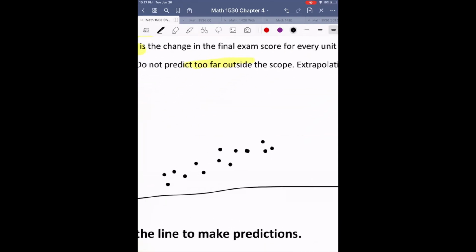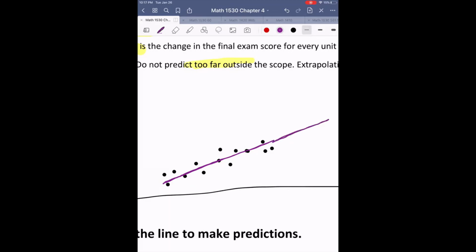So if we look at this scatter plot, let's say these are the data values I have so far. This one has a very nice line pattern to it. It would definitely make sense to use a line to approximate that relationship, and we'd be able to find that regression line to make predictions. Now, let's say we wanted to predict pretty far off in the future.